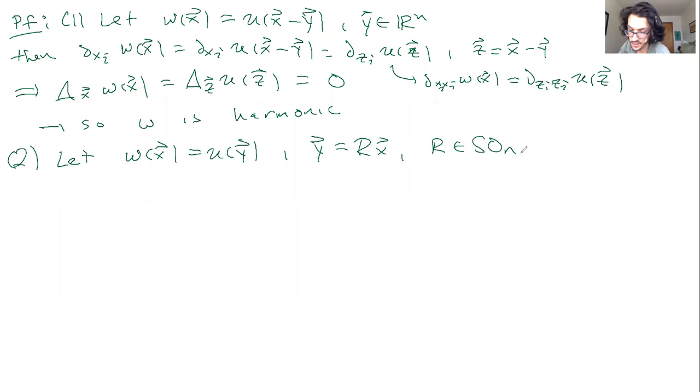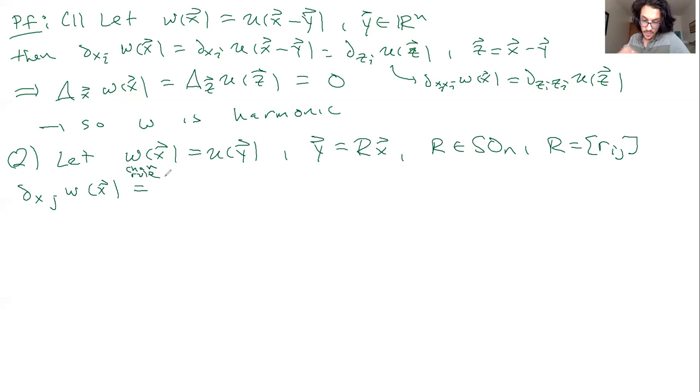R is in SO(n). R equals Rij, right? Some rotation matrix. I'm just giving us a little bit of notation to work with. The derivative with respect to xj of W of x can now be computed by the chain rule.